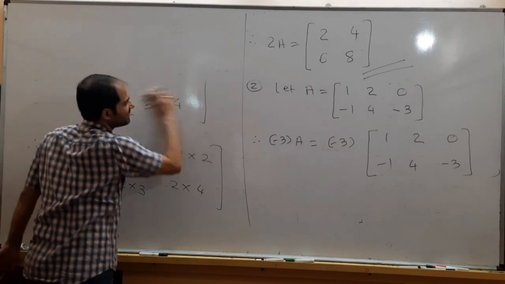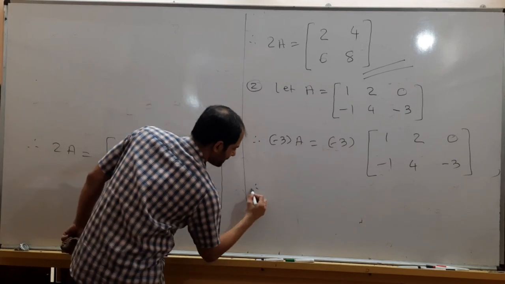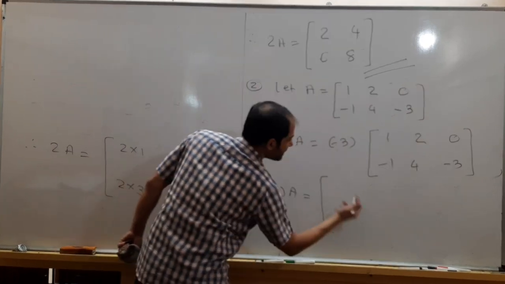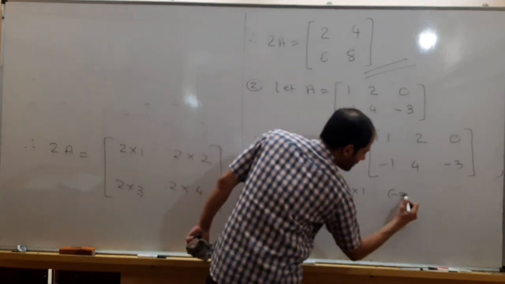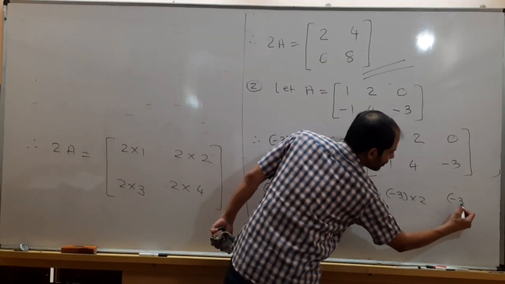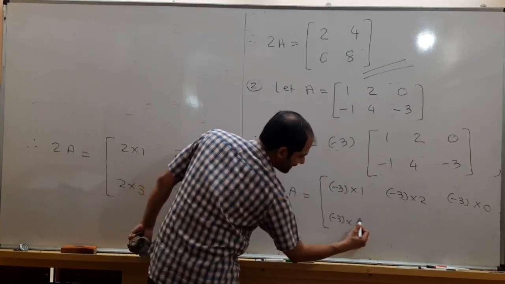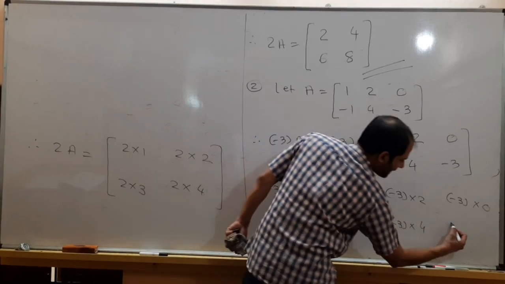What I will do is just show that step in this question only. So minus 3 into 1, minus 3 into 2, minus 3 into 0, minus 3 into minus 1, minus 3 into 4, minus 3 into minus 3.